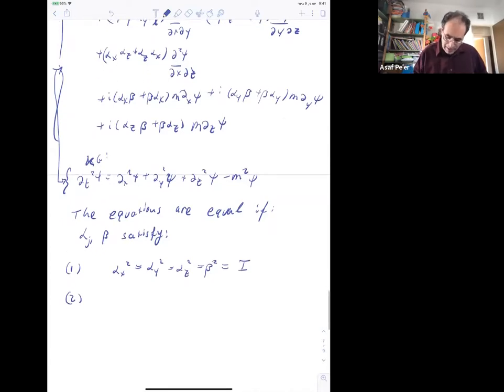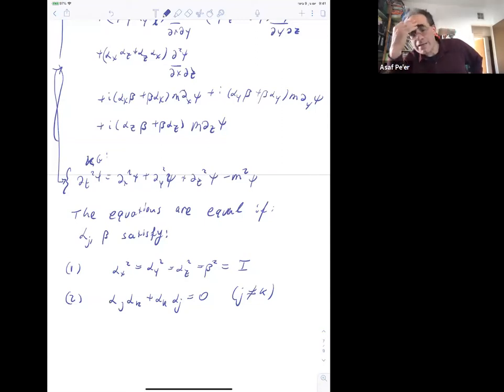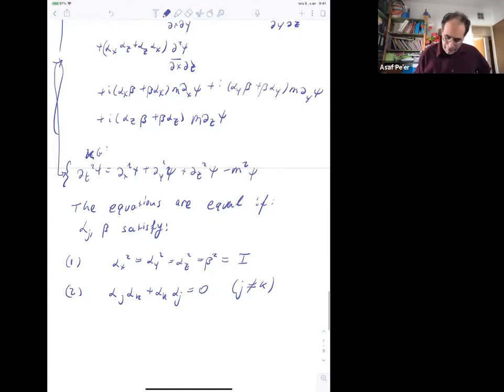So that means that we need alpha j alpha k plus alpha k alpha j to be equal to 0, provided that j is not equal to k. So they must obey anti-commuting relations. And the same with alpha j and beta.